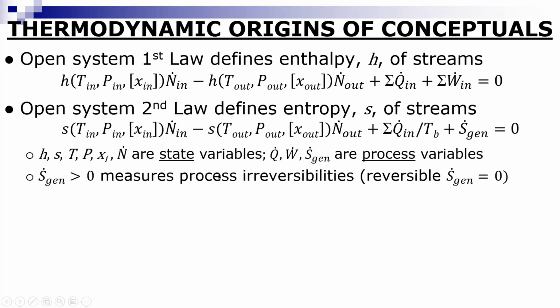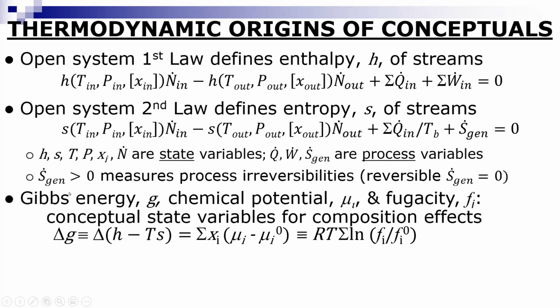Entropy generation measures the process irreversibilities. A reversible process has entropy generation equal to 0. And so again, when you have something more irreversible, as the irreversibilities go up, the value of the entropy generation goes up. Now, there's a consequence of that. It's always positive. And so if this goes up because of irreversibilities, then this is more positive, then these terms will have to become negative and more negative.